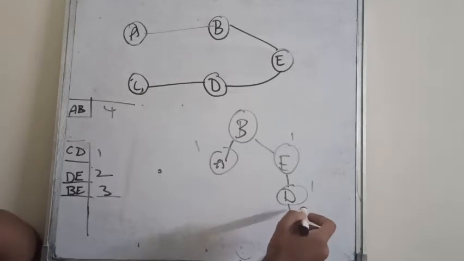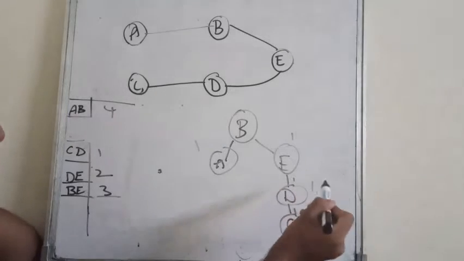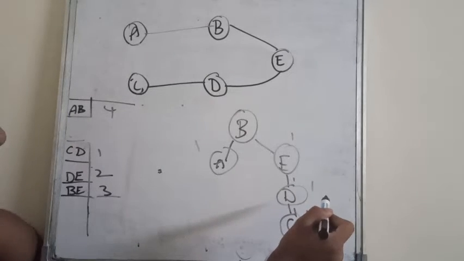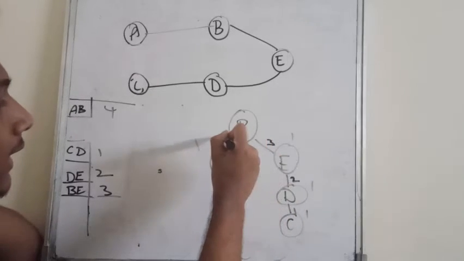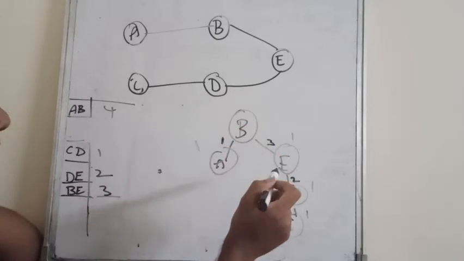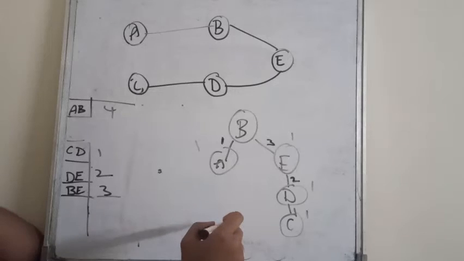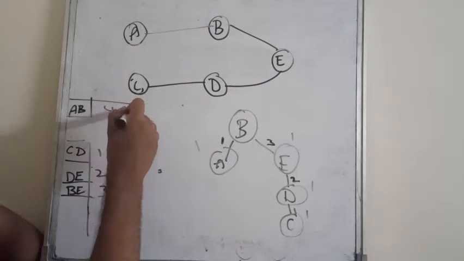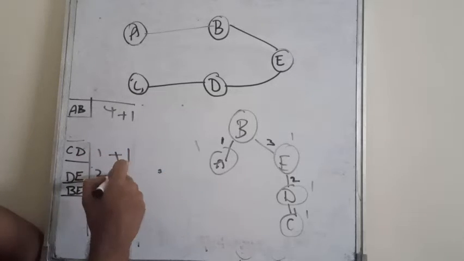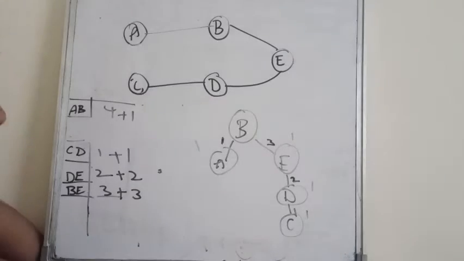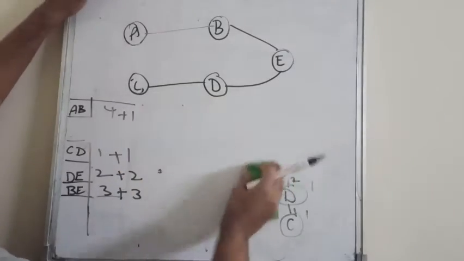So this will be 1, 2, 3 and 1. So that will make it AB has 1, CD has 1, DE has 2 and BE has 3. Okay, so this is with respect to B.